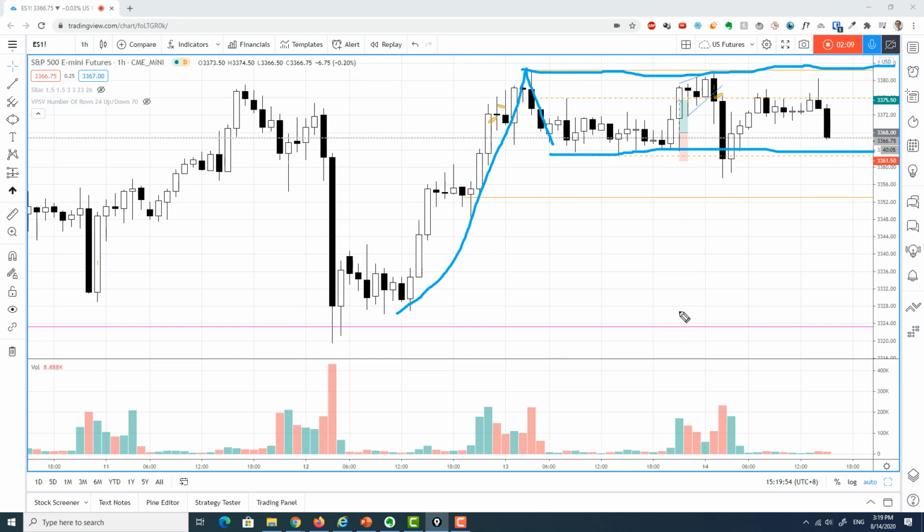Just prior to the US opening session at 9:30 my time, during the Asian and European London sessions, it was a very tight range as well. It was just consolidating in a horizontal range around 3360 to 70.